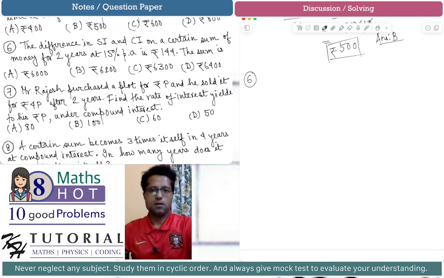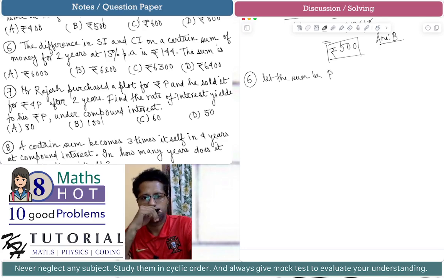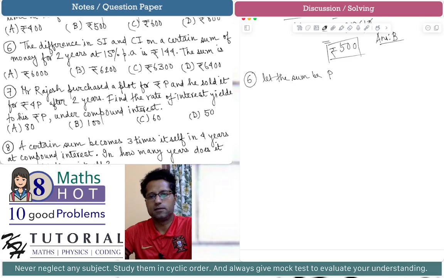Okay. So let the sum be P. So we know that simple interest is equal to P R T by 100.